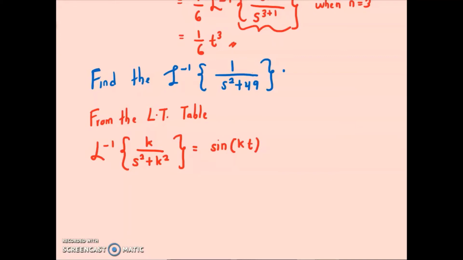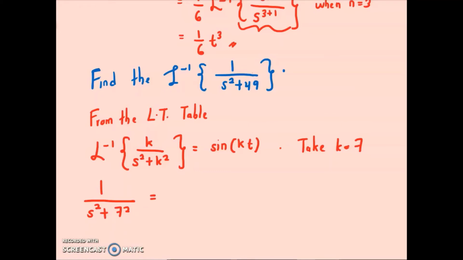Right, so I can write this. K is 7. If I take k equals 7, so what do I have? I have 1 over s squared plus 7 squared equals, now I have to cancel out.